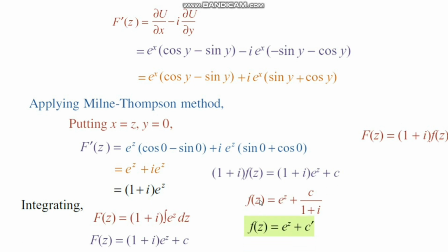So f of z equals e power z plus c dash, which is one constant, where c dash equals c by (1 plus i). Hence, our required analytic function when u minus v is given is f of z equals e power z plus constant.